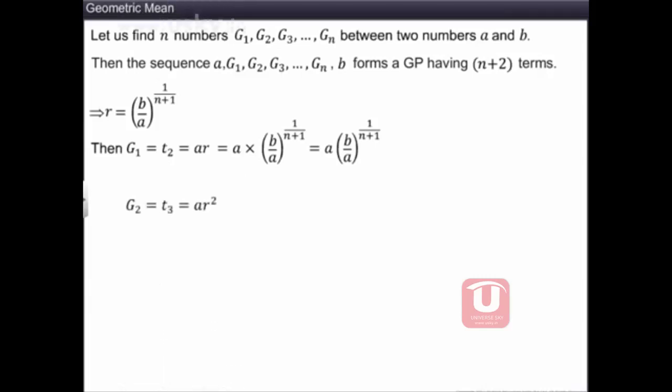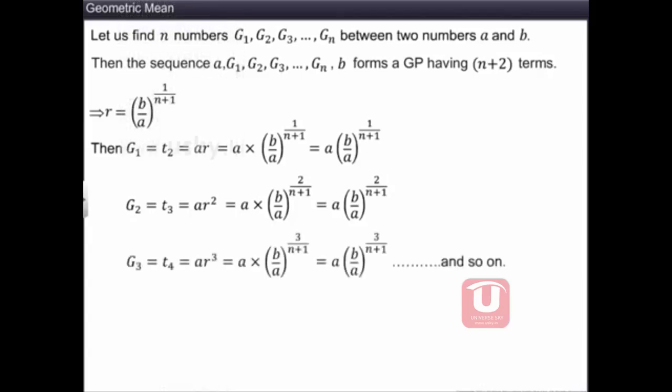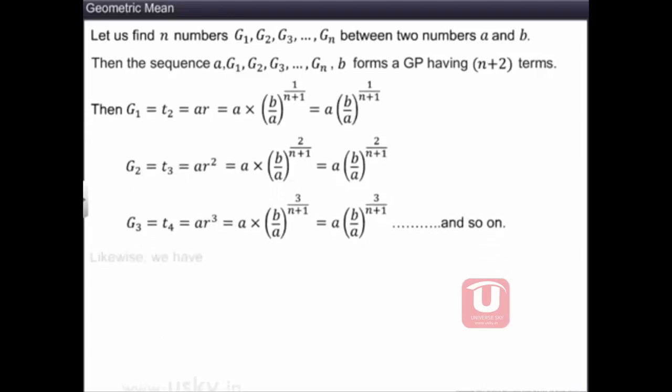Similarly, the fourth term of this GP is a into b upon a whole raised to the power of 3 upon n plus 1. Likewise, the subsequent terms can be obtained. The last inserted number, which is the n plus 1th term, is equal to a into b upon a whole raised to the power of n upon n plus 1.